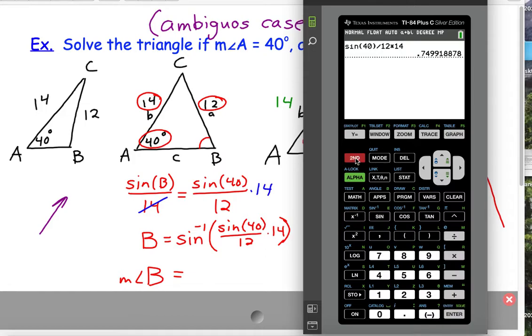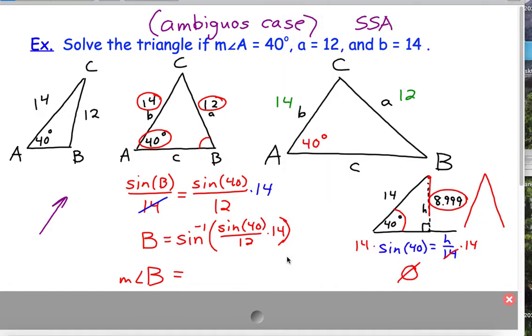So I'm going to press second sine, and I can press second and the negative button on the bottom, and that'll say the inverse sine of the last answer. So 48.58 degrees. Usually with angles, we'll round to the nearest tenth. So let's go 48.6 degrees. So now I've got angle B.